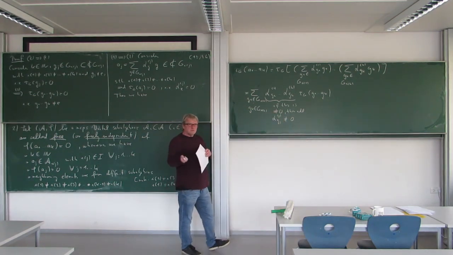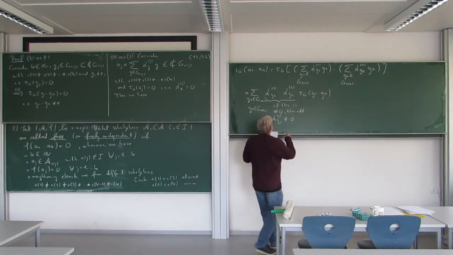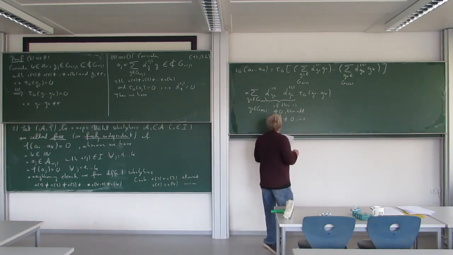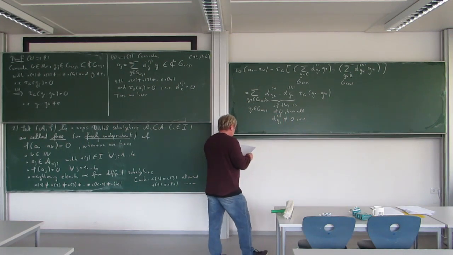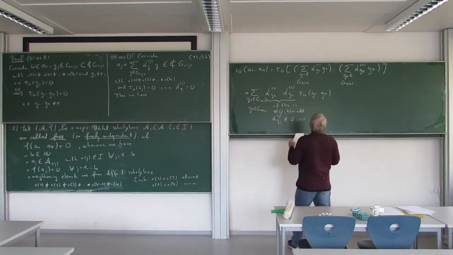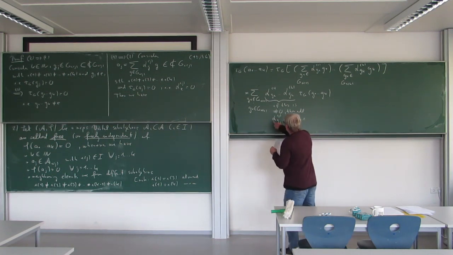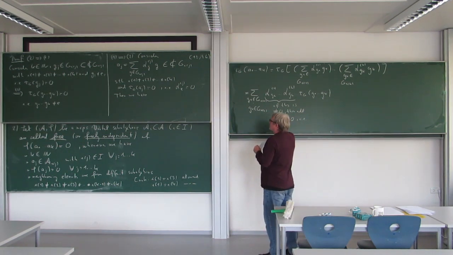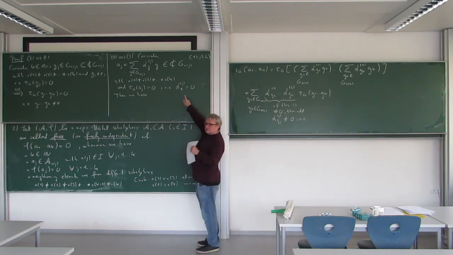What does it mean to be different from 0? What do we know? We have our assumption about the alphas: we know something about them.